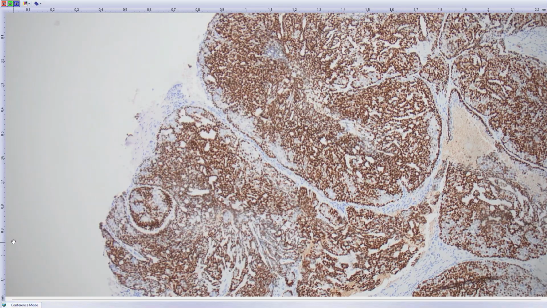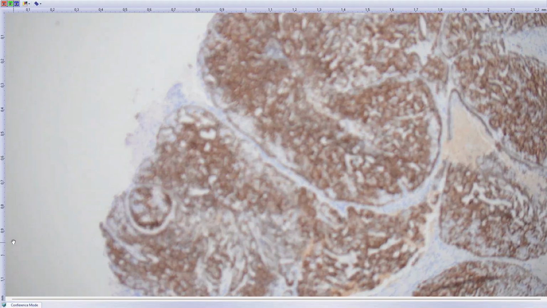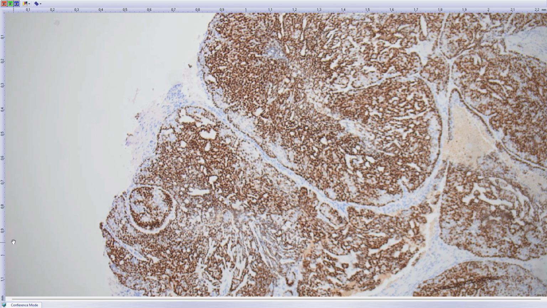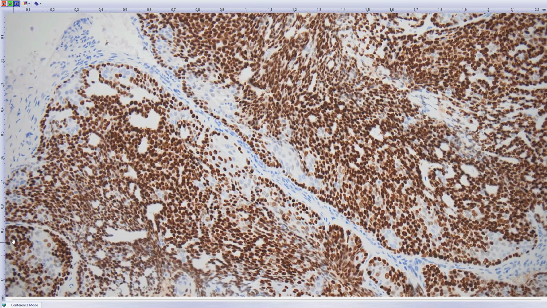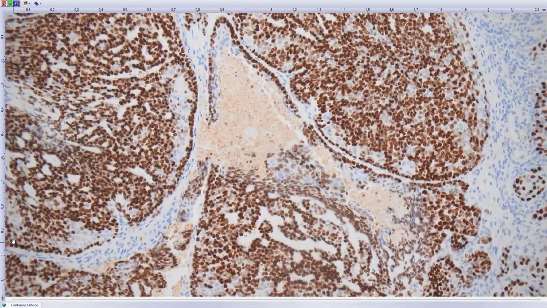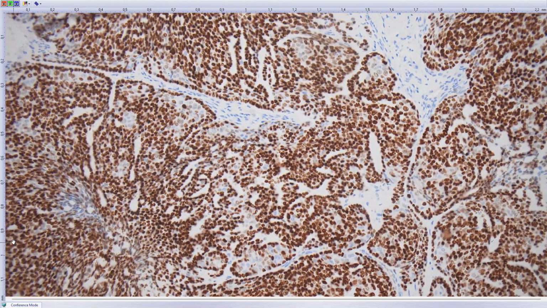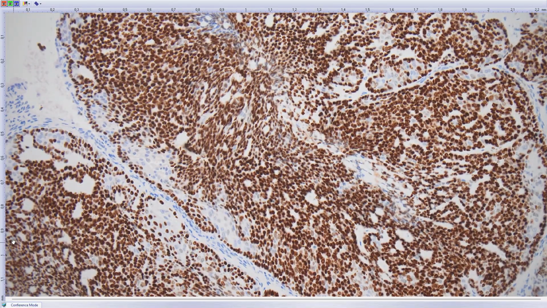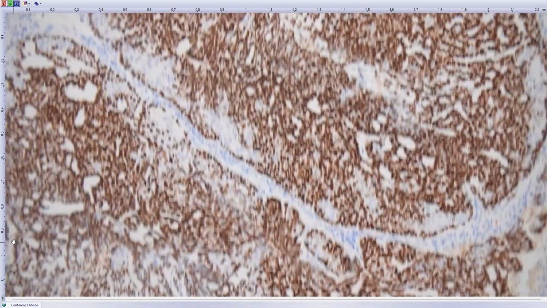So here we have very nice positivity for P63, the same for P40. Some kind of palisading around the septa, maybe some tumor cells negative, but the majority are very positive.